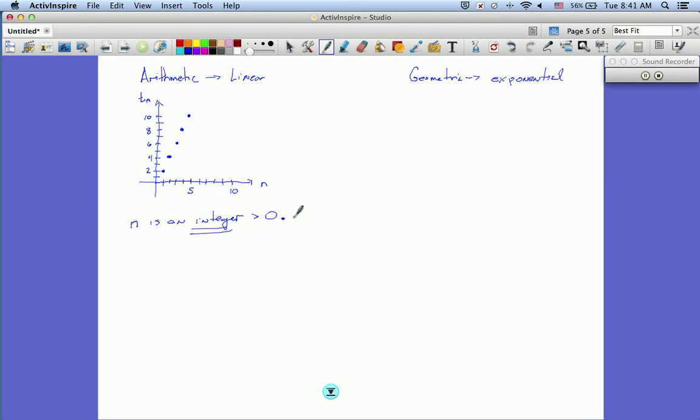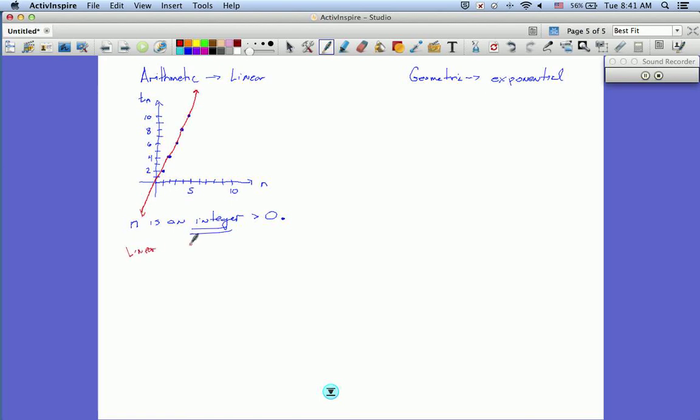So integers greater than 0 are what we talk about with arithmetic. Now, if this was linear with these same terms, see if I can connect the dots here. My graph would look like that.